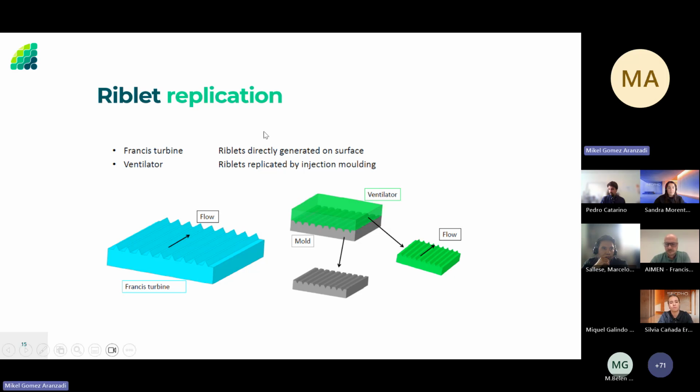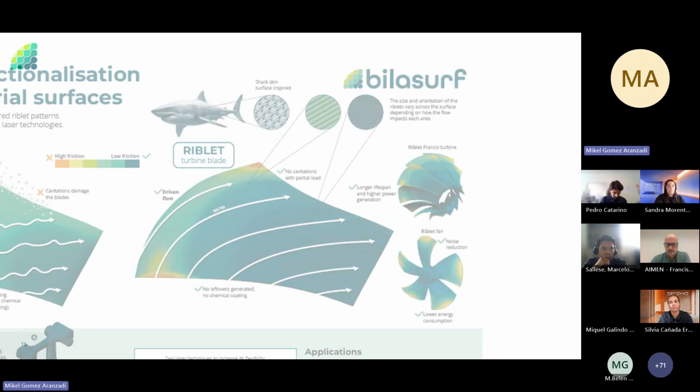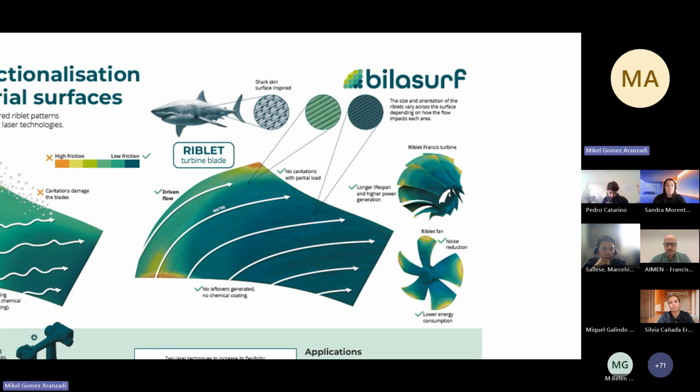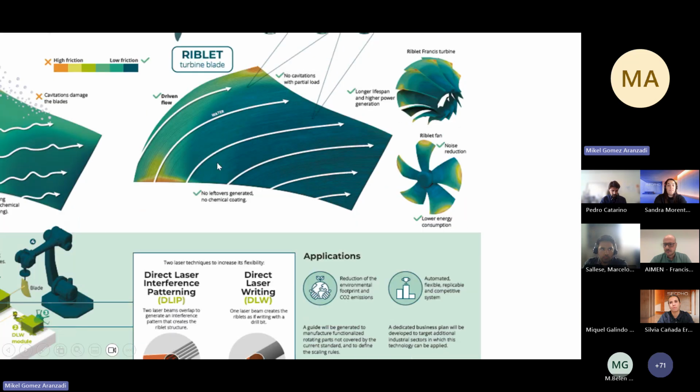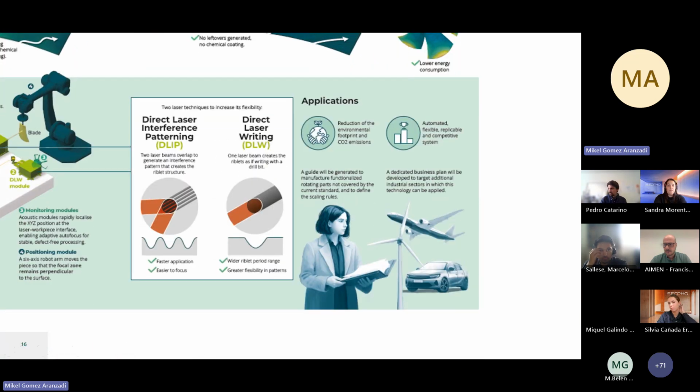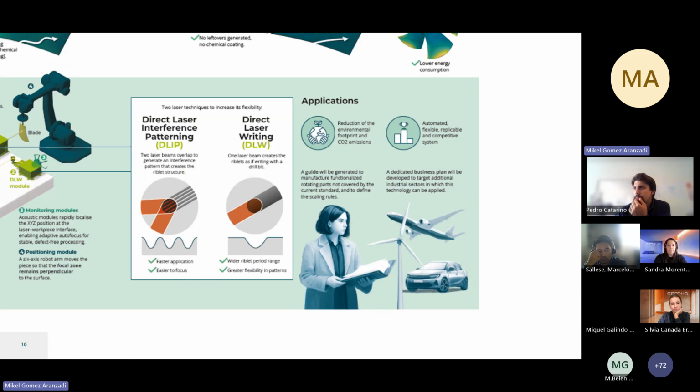So what has happened in this case, due to the different periods we needed for different demonstrators, despite the initial idea being to integrate only one laser technology, is that we integrated a second one. It was a contingency measure we had already included in the proposal. So we integrated the DLIP and direct laser writing.